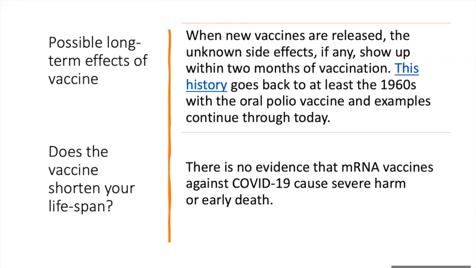Generally, when new vaccines are released, the side effects show up within 2 months. If we look at all of our vaccinations, even the oral polio drops that we get, which is also a vaccine, whatever is going to happen generally happens within the first 2 months.